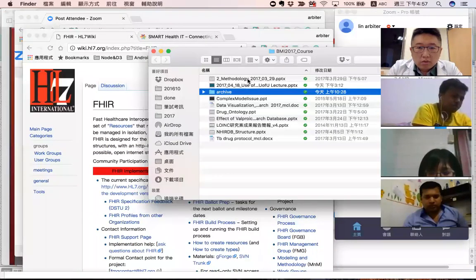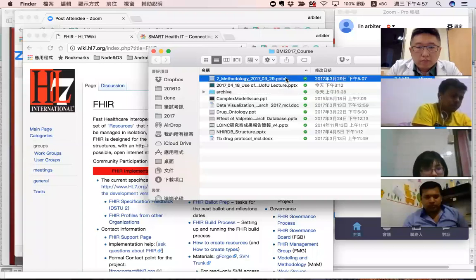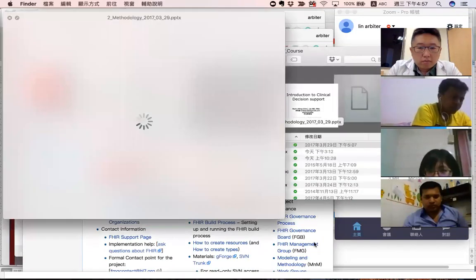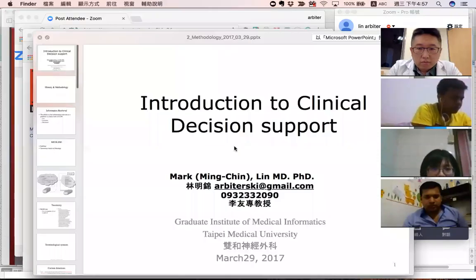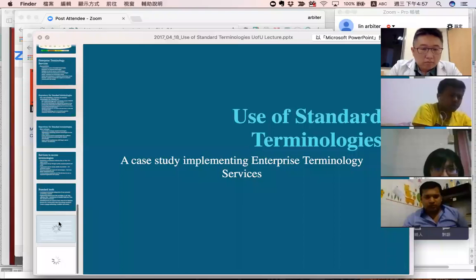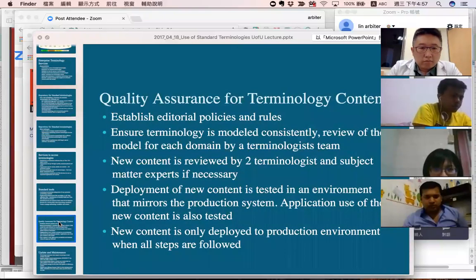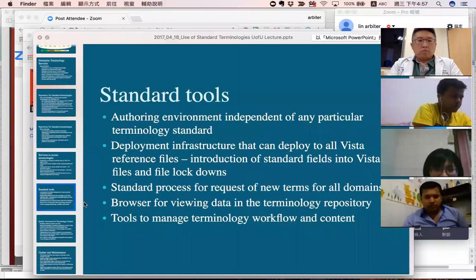Okay, so the standard tool. I think for those standard terminologies, we will need a standard tool to handle those terminology mapping issues.